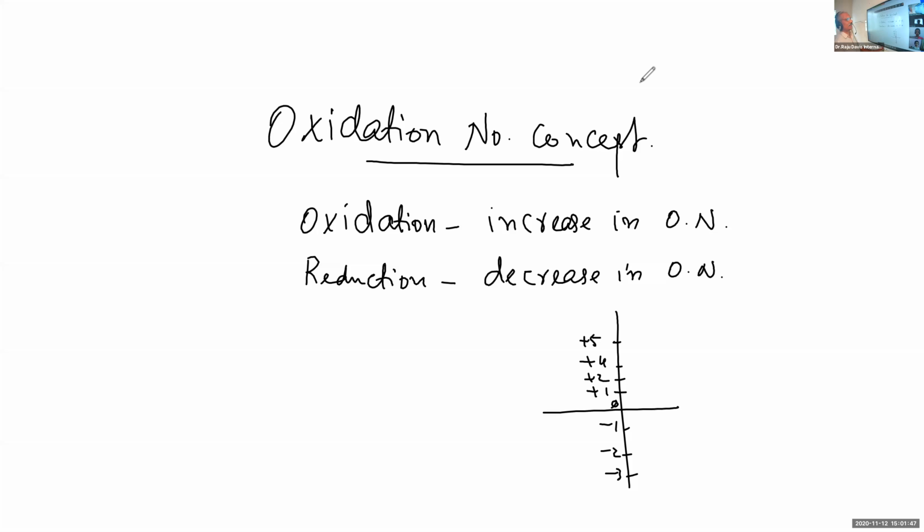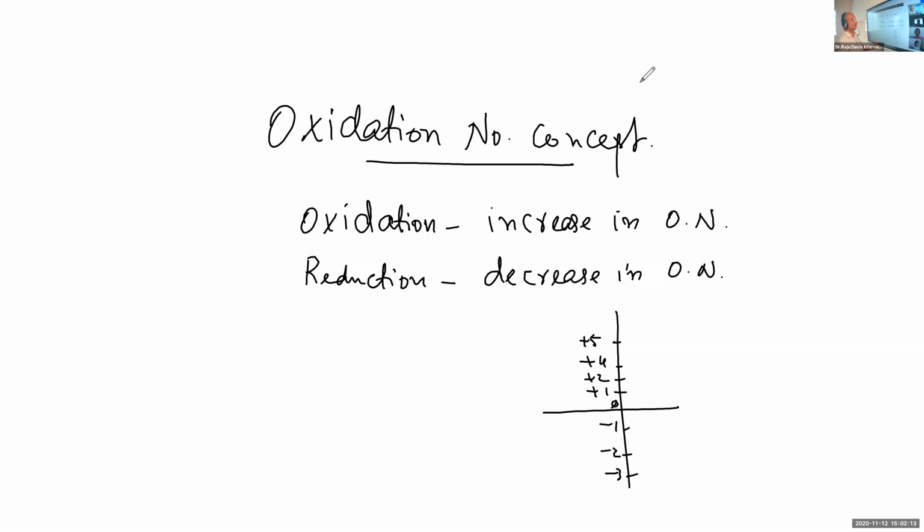In all these cases, there is a reduction in the oxidation number. Suppose +5 is changed to +2, the oxidation number is decreased. Suppose +7 is changed to +2, there is a decrease in the oxidation number, and that is reduction.